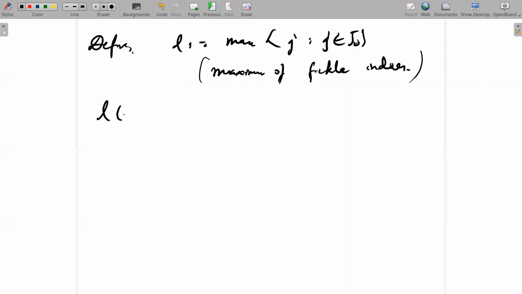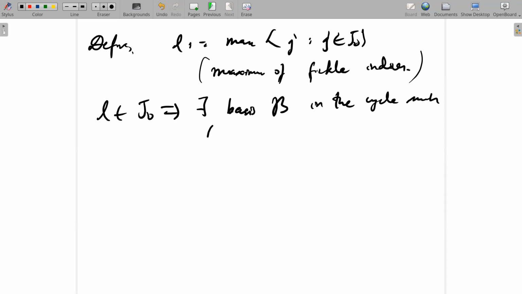Okay, so now L belongs to J naught, which means there is a basis B in the cycle such that L exits, because it is fickle. It has to exit at some point.